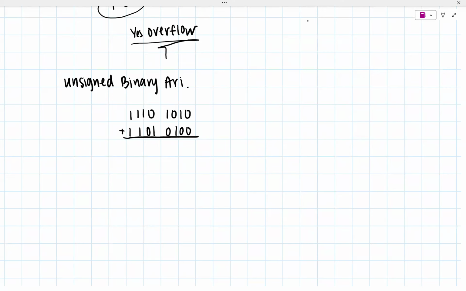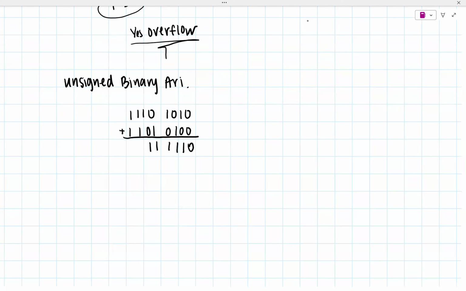So it's not like regular addition. If you add a one and a one, you get a two. That's not how it works. So first we'll just add like normal. So 0 and 0 is going to be 0. 1 and 0 is 1. 0 and 1 is 1. 1 and 0 is, sorry, that should also be 1. 0 and 1 is 1. 1 and 0 is 1.